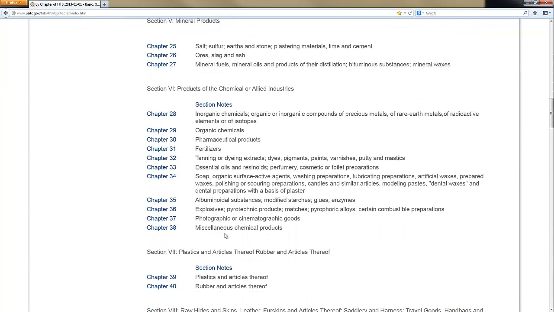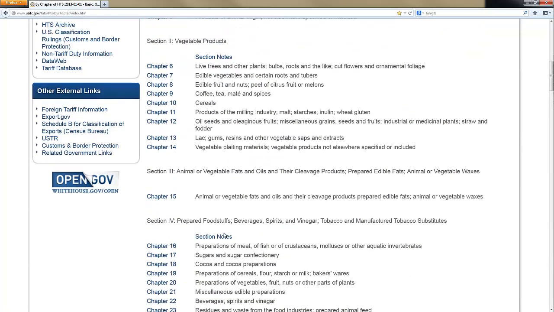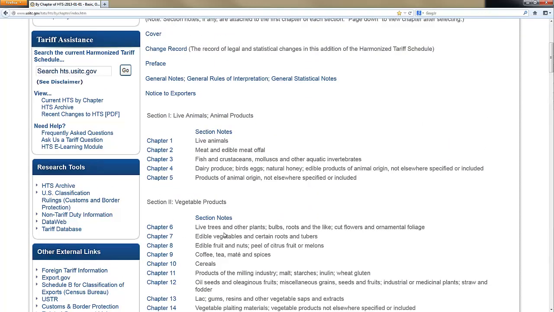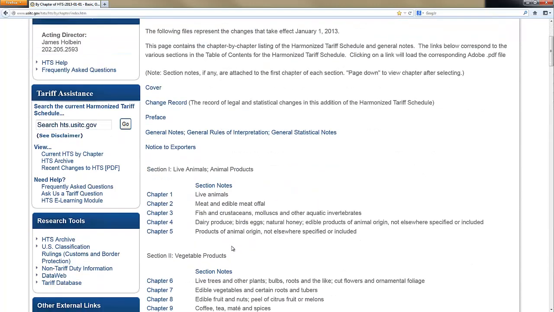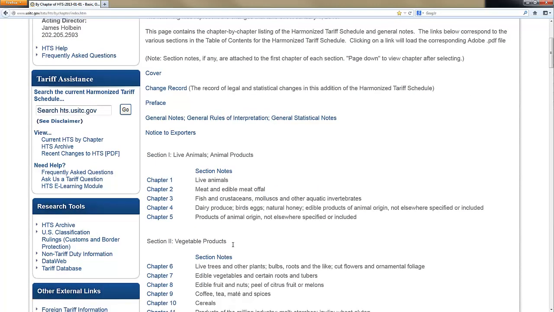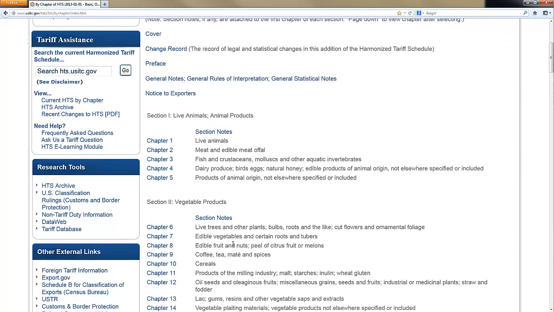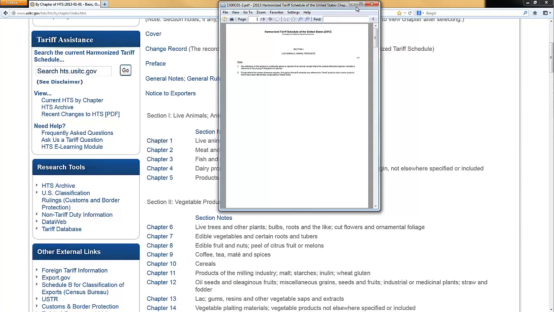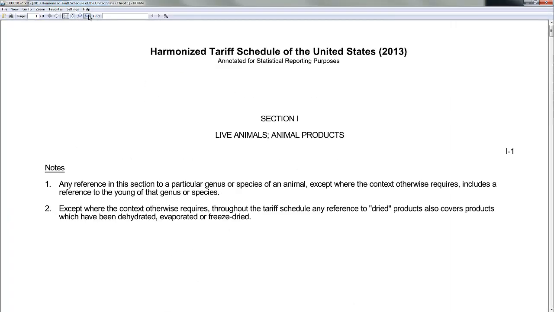Now, let's say, just for fun, that you wanted to import a goat. Okay? So you would look through the tariff, and we are thinking that we're going to import a live goat. So we would go to Live Animals, click on Chapter 1. Let's get this larger. Okay.